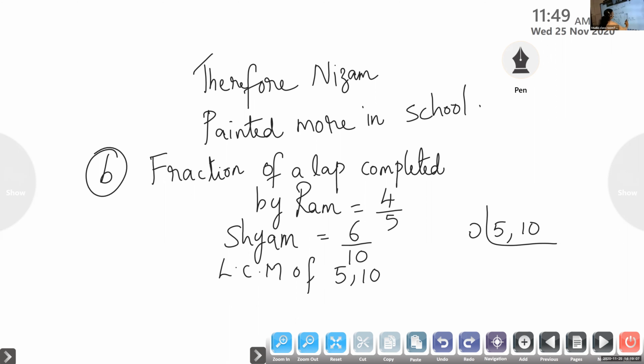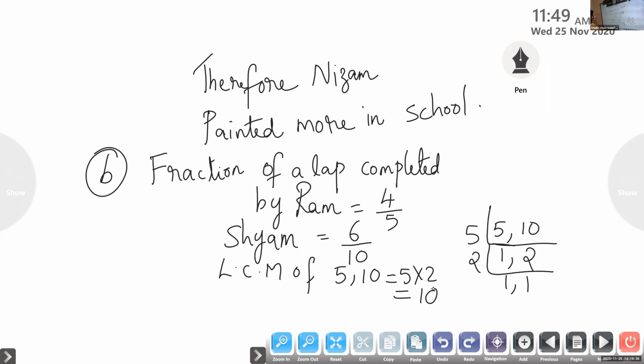LCM, least common multiple. No, 5 into 10, we had to do here. 2 is there here. So 5 into 2. What is 5 into 2? 10. So the LCM is 10.